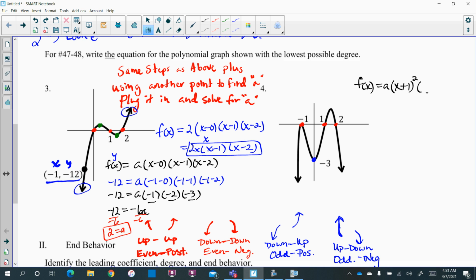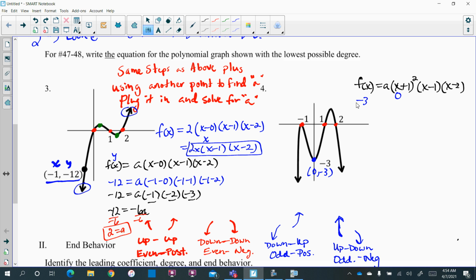And then we have an x minus 1 and an x minus 2. Now you can plug in using your y-intercept, which is 0, negative 3. So 0 is for your x, and negative 3 is for your y. So try to work that out.